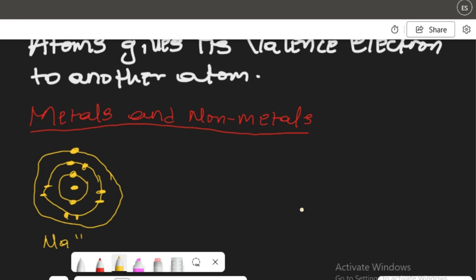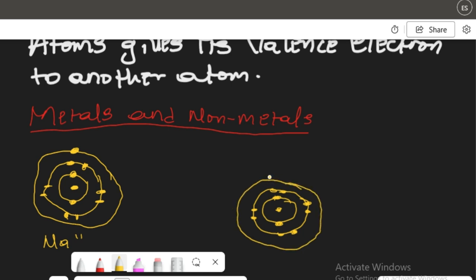17 electrons. So let's say this is the nucleus of the chlorine, and then the first shell, just two in this shell, and then you have the second shell to have 8. 5, 6, 7, 8, and then you have another shell here. 1, 2, 3, 4, 5, 6, 7.